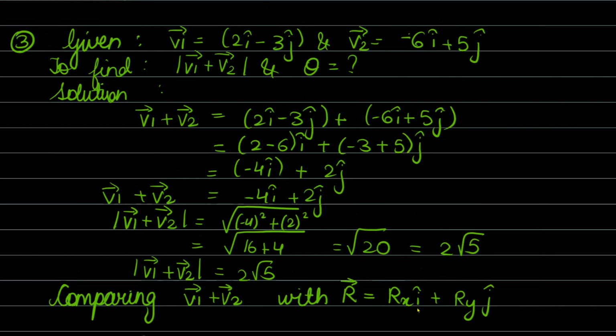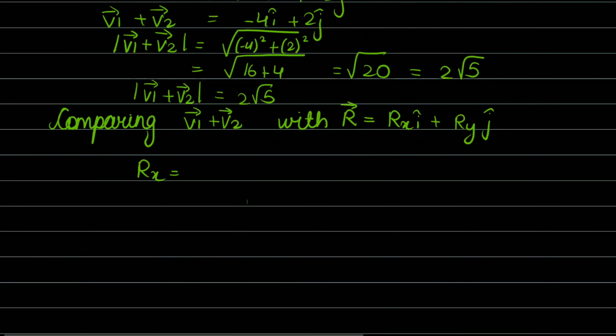So we get rx equals -4 and ry equals 2, because j is in the y coordinate and i is in the x coordinate. Again, v1 plus v2 is equal to -4i plus 2j.